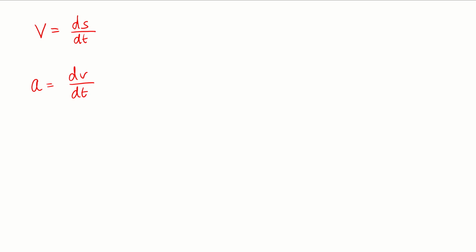Well, we can actually go the other way around as well. Let's say we know what v is as a function of t. We can actually say that the displacement is the integral of velocity, and velocity is the integral of acceleration. Remember, it goes the opposite way around. So let's consider something like this.